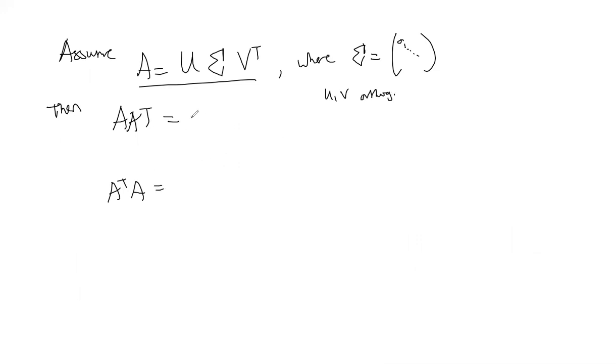Because then A transpose is V sigma transpose U transpose, which simplifies because these are orthogonal. You get U sigma transpose U transpose.